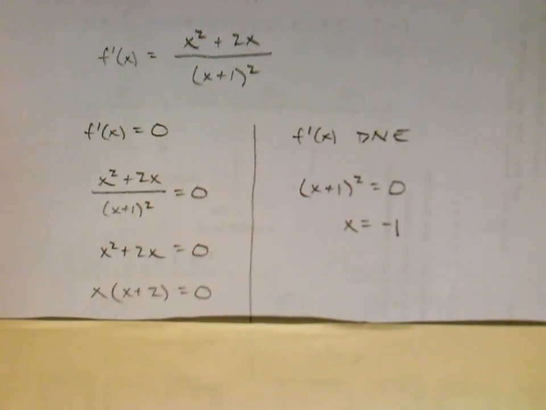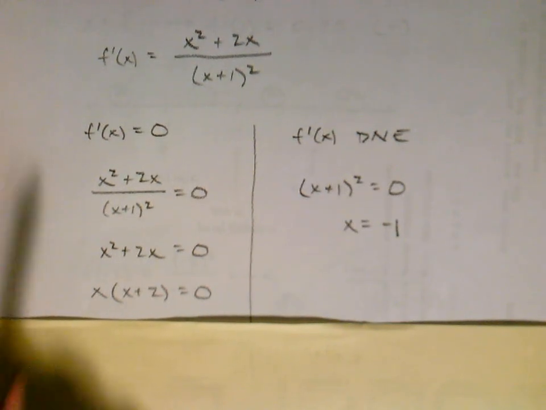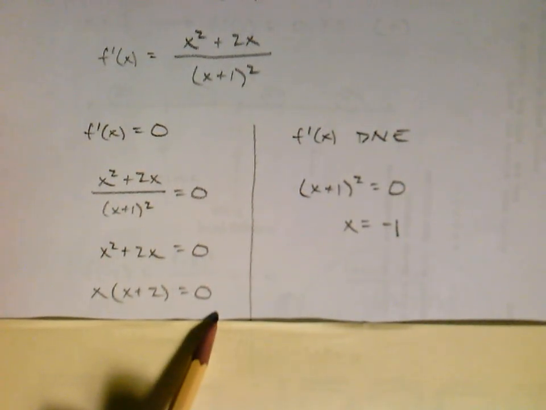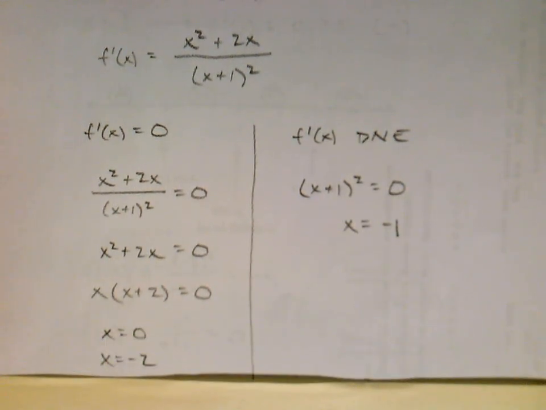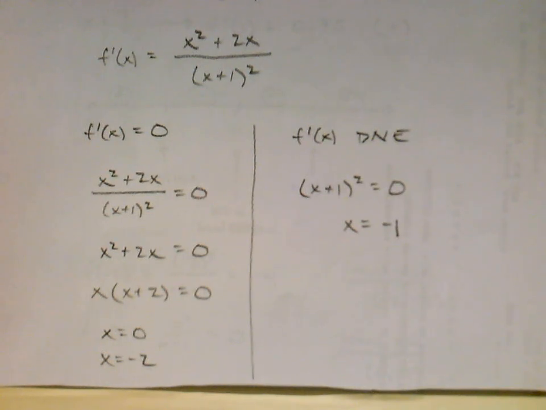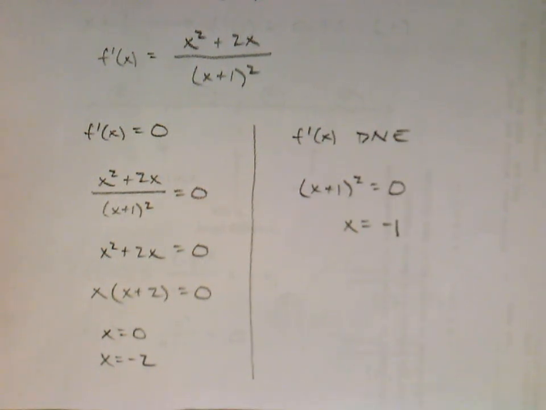And if I keep solving over here, the idea would be to factor that, and then we can set each individual factor equal to 0, and that will give me two more critical numbers at x equals 0 and x equals negative 2. And of course we have the third one, x equals negative 1.